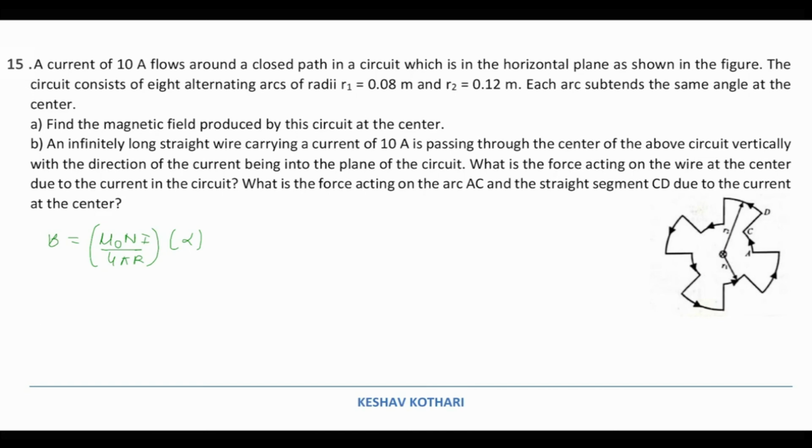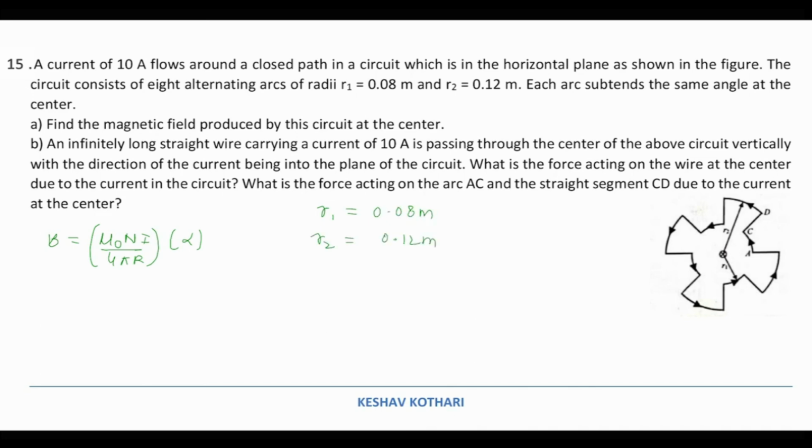Hence for the larger and the smaller loop, we consider the radius being r1 and r2 respectively, where the question tells us that r1 is equal to 0.08 meter and r2 is equal to 0.12 meter.